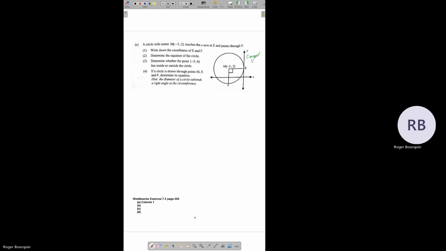And if it's a tangent, the angle between the tangent and the radius is always equal to 90 degrees. So that's 90 degrees over there, but you could have seen that, even if they didn't give you that.